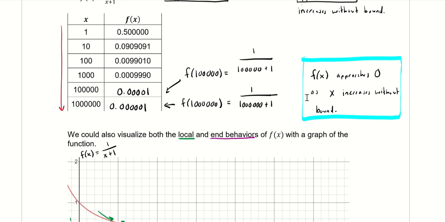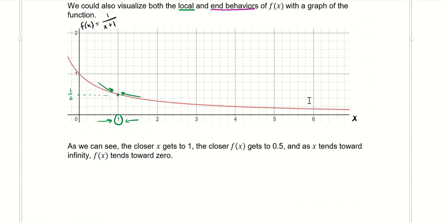In other words, this line is going to keep going closer and closer to our axis, going to 0. So for the end behavior, it's going to keep getting smaller and smaller, closer to 0.